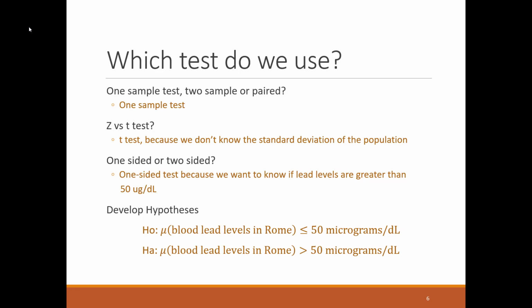And the alternative is population mean blood lead levels in Rome greater than 50 micrograms per deciliter. You can think of the alternative as what we're trying to see if there's evidence in support of. And our central question is, are blood lead levels in Rome greater than 50 micrograms per deciliter? Is that mean greater than 50 micrograms per deciliter?